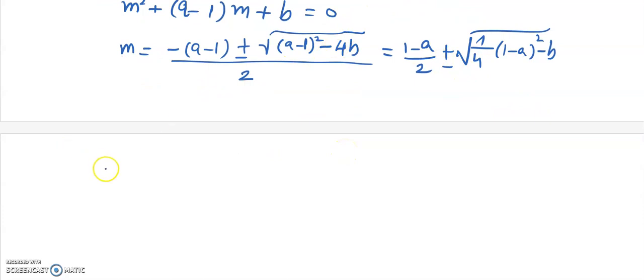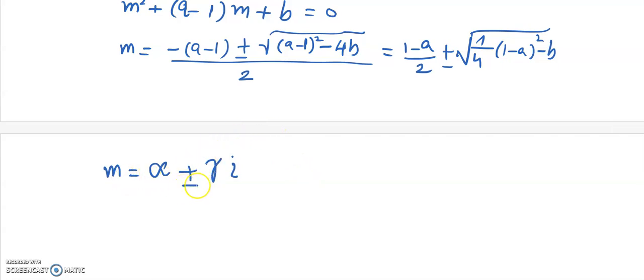We can represent these complex conjugate roots as something like this. If we say (1 minus a) by 2 is alpha, and the term in the square root as, say, beta or gamma, maybe we can say gamma, and then represent the i as the imaginary number.